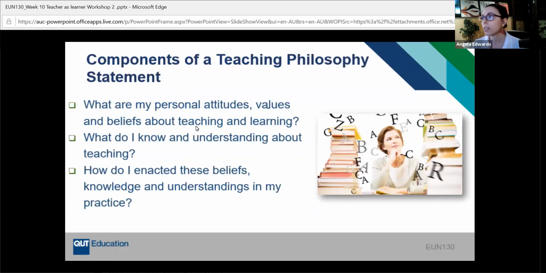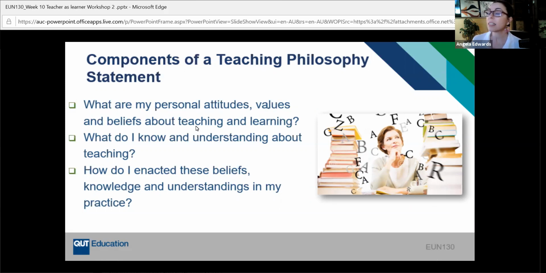So a personal teaching statement is a succinct, truly representative outlining of your personal attitudes, your values, and your beliefs about how you want to teach and how you actually believe students best learn.